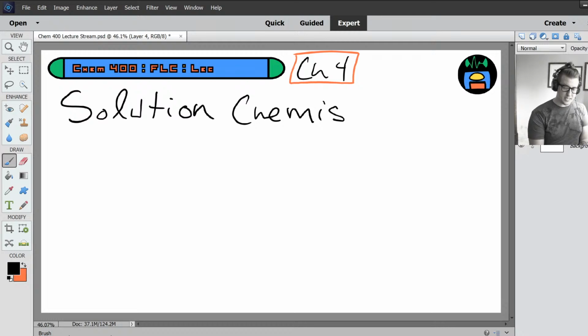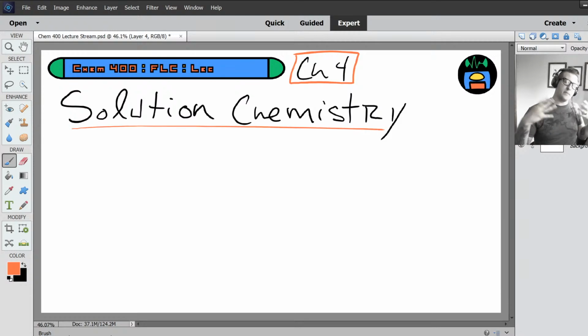It's chemistry that happens in solution, where our reactants are dissolved in some sort of solvent, usually, because this is Gen Chem, usually water. And this will be our first look at actual chemical reactions, how compounds react with each other, interact with each other, and change. It really is kind of like our first stab at the beating heart of chemistry, and I'm psyched for this.